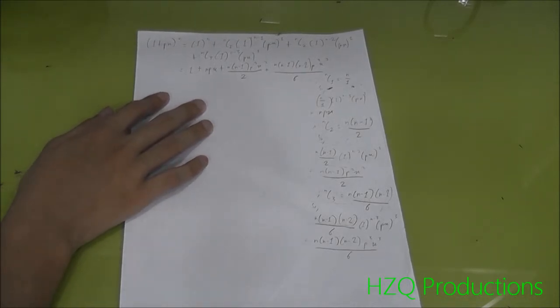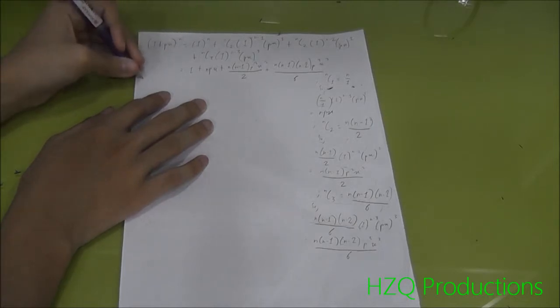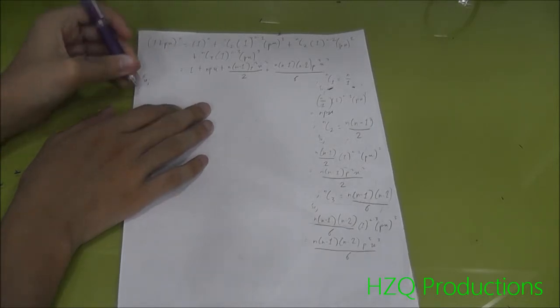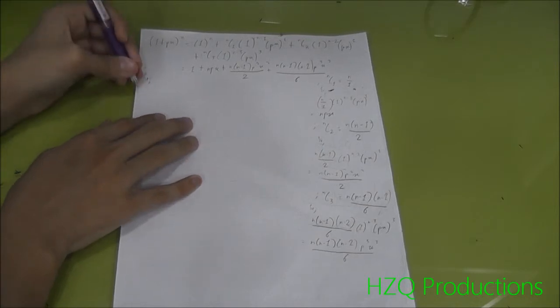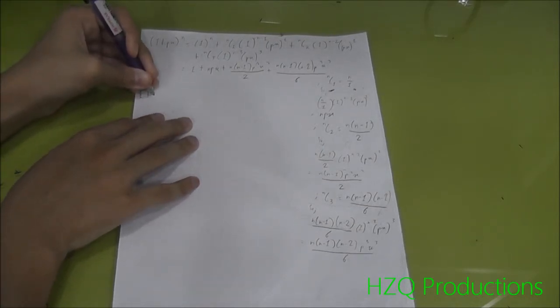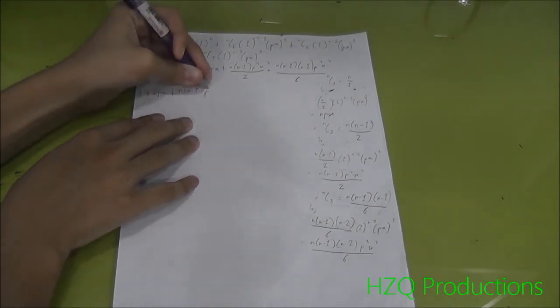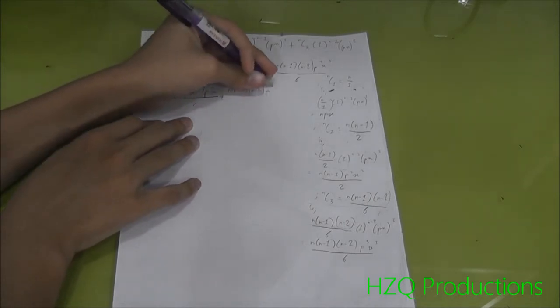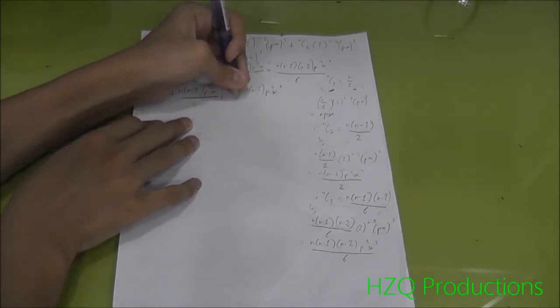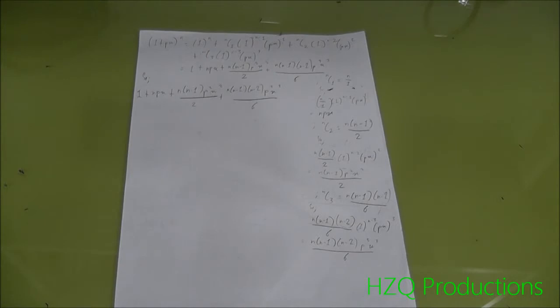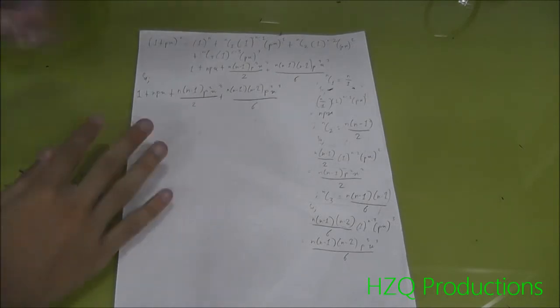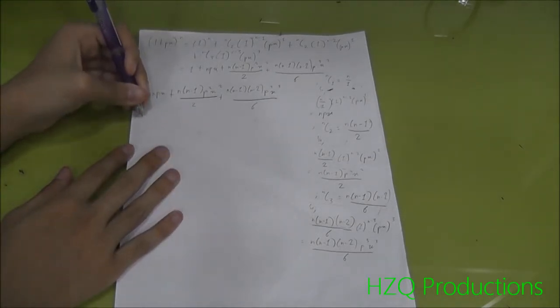Okay, so now we are done with this. This expansion, 1 + npx + ..., is equal to what's given in the question.